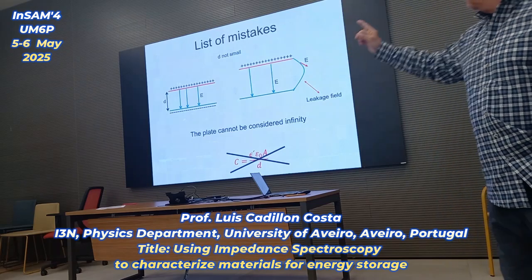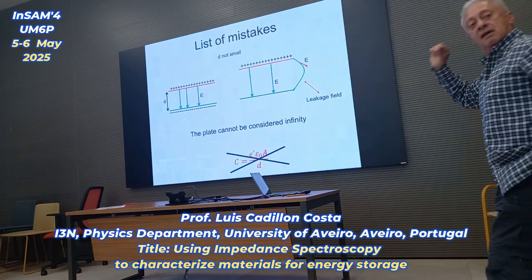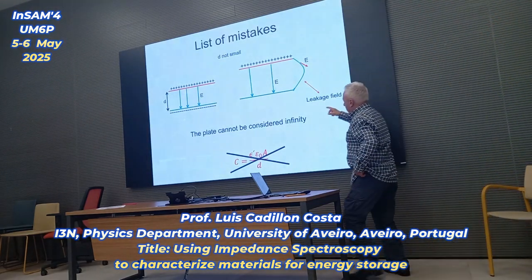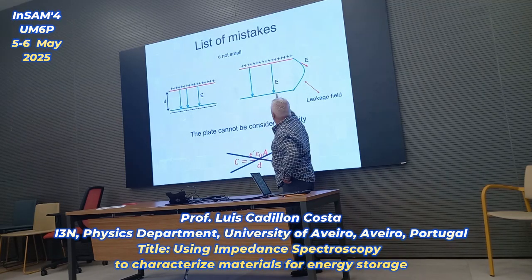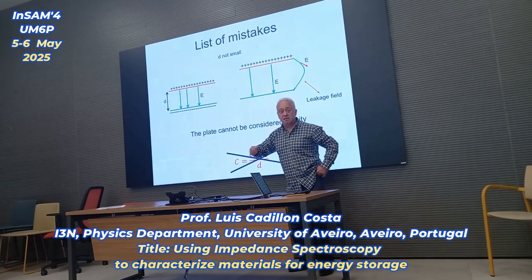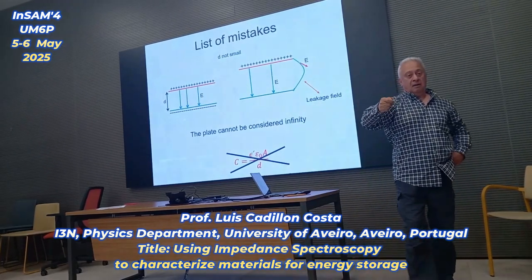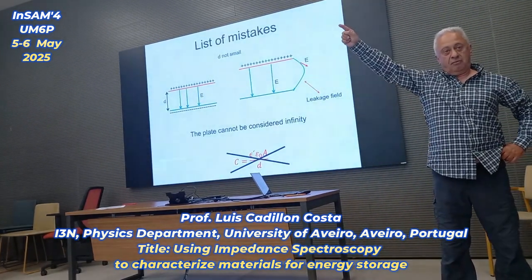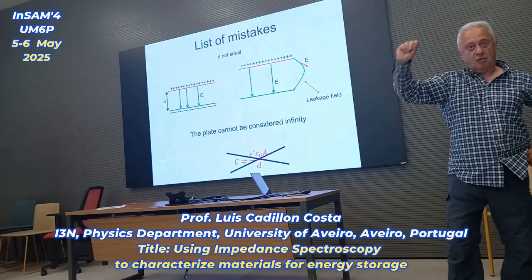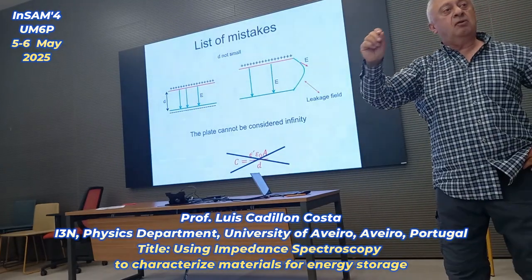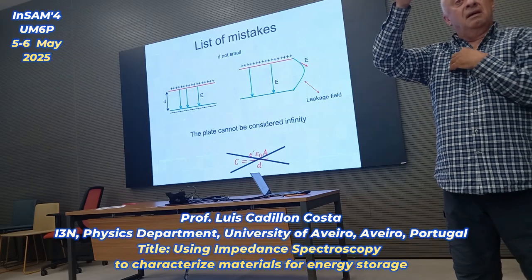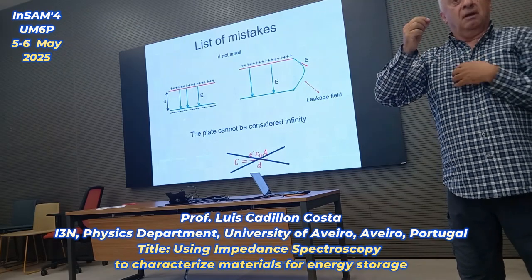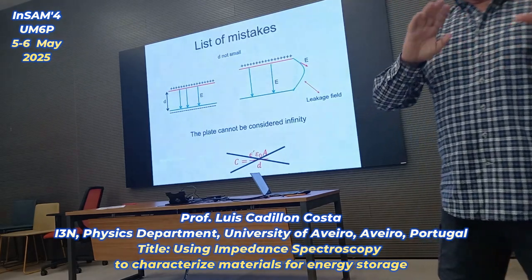I put this very nice sample, 0.5 centimeters here and 0.5 millimeters here. When I put on 2 kilovolts, immediately I had a discharge between the two electrodes, and this discharge is a short circuit, so it destroys the sample, but this is not important.